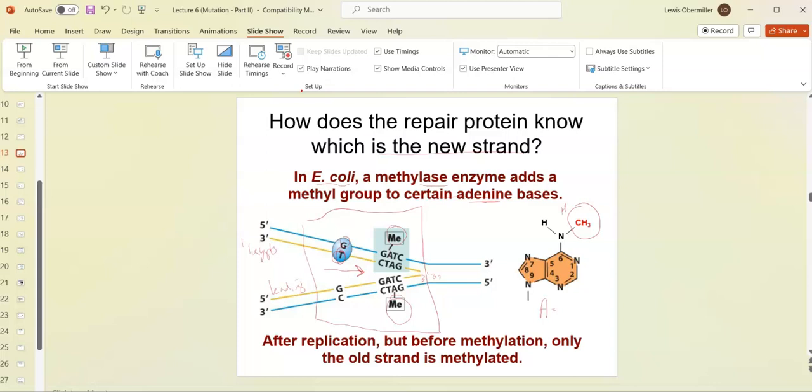This strand is methylated, so it knows that it needs to replace the nucleotide on the non-methylated strand to make sure that the mutation is not carried on, right? It uses the original strand as the template, assuming that that nucleotide is the correct nucleotide.